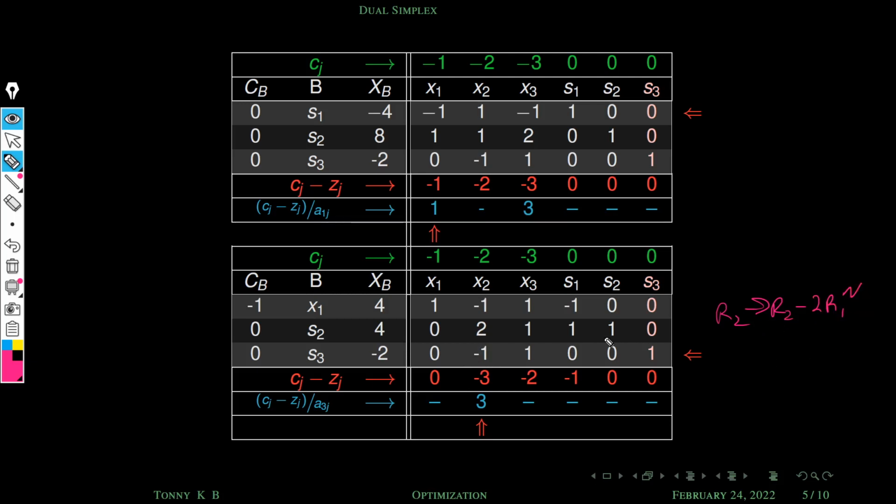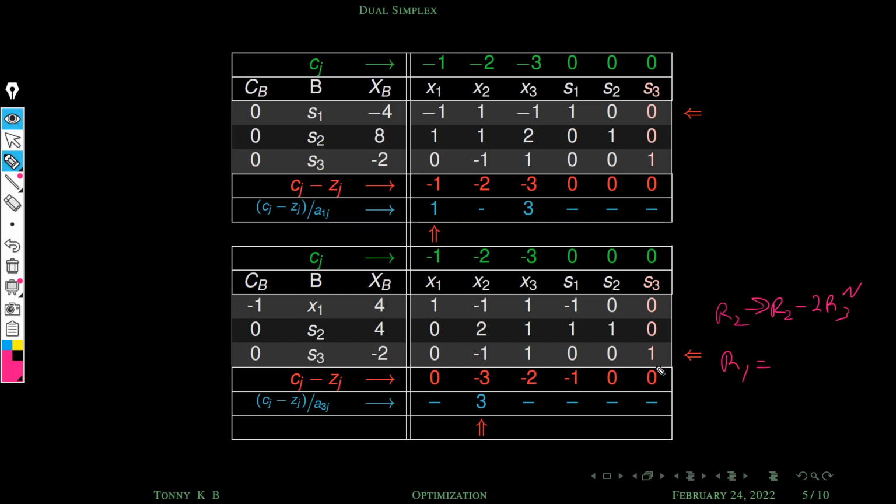R2 goes to R2 minus present, in present R1, here it is 1. Okay, one more thing, one second. Actually, this is not R1, this is R3. So R2 goes to R2 minus 2 R3 new.